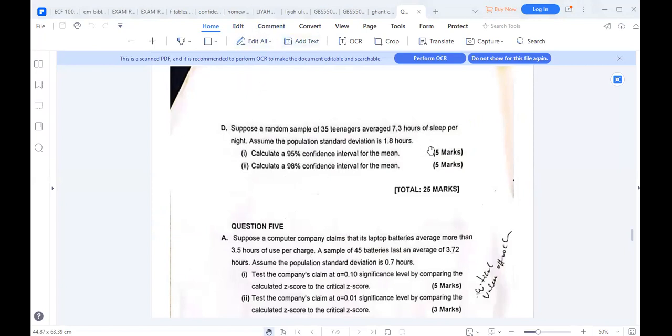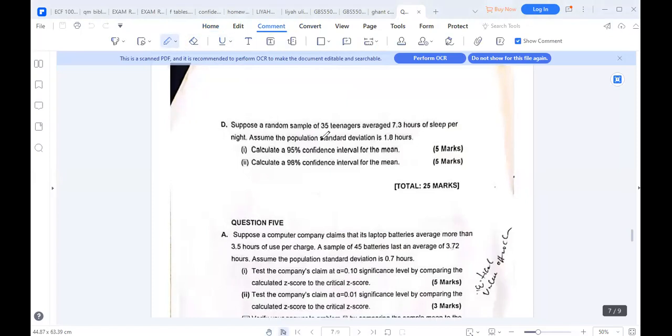So in this question, it was carrying 10 marks. Cannot afford to leave out this question. So what are we given? Our n is 35, and this is our mean, 7.3, and our standard deviation is 1.8.